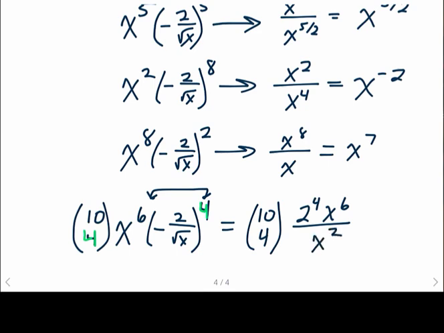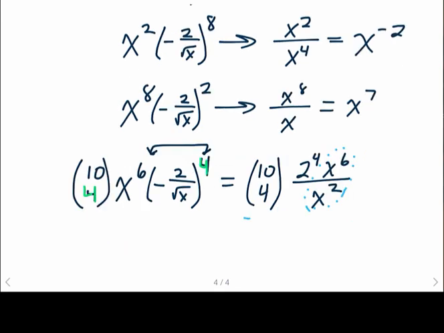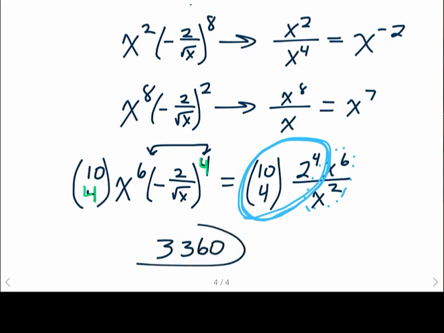And if you notice, the exponent on x, once we simplify, is going to be 4, just as we were hoping for. We were asked for the coefficient, and so all I really need is 10 choose 4 times 2 to the fourth, which is 16. So my calculator tells me that this is 3,360 as the coefficient on this term.